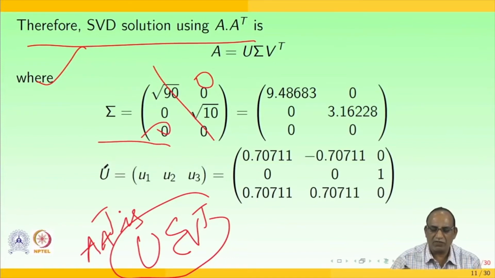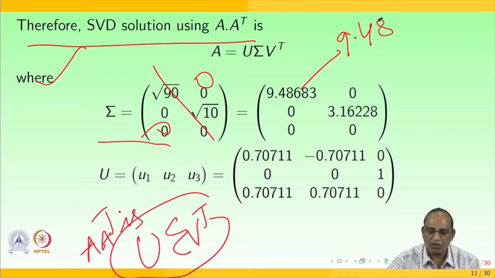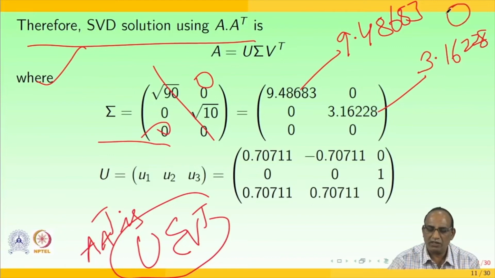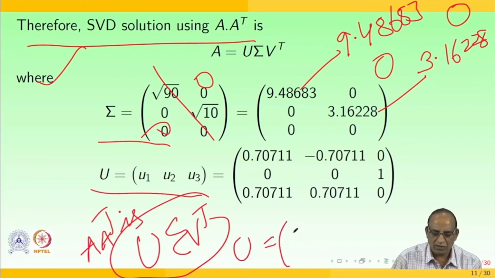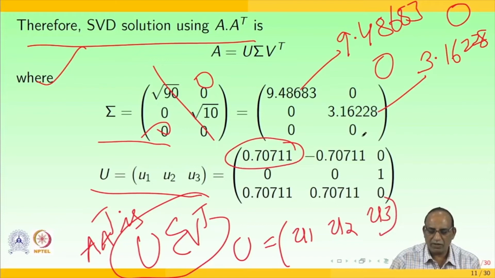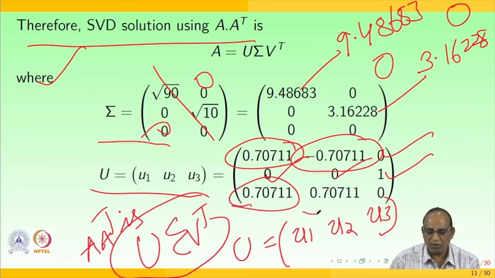So this can be simplified to square root of 90, that is 9.48683, and this is 3.16228, this is 0 and this is 0, and U is equal to u1, u2, u3, which is equal to 0.70711, minus 0.70711, 0, 0, 0, and this is 1, 0.70711, 0.70711, and this is 0.